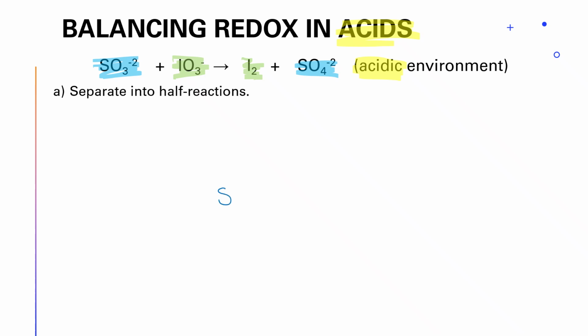I've got SO3 2-, turning into SO4 2-. And then for my iodine half, I've got IO3-, turning into I2. So those are my two different half reactions. One of them is oxidation and the other one is reduction.